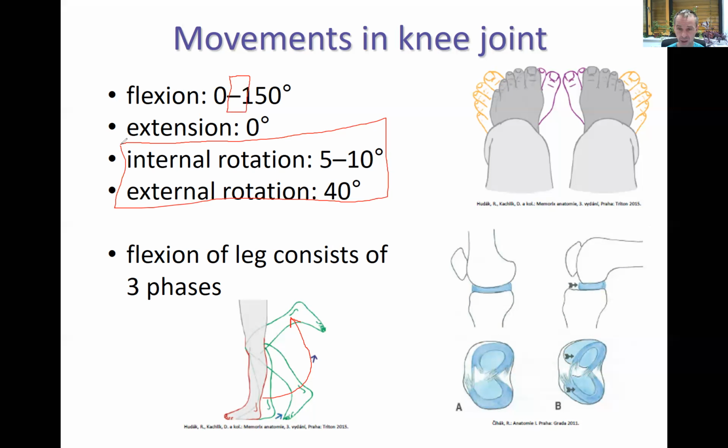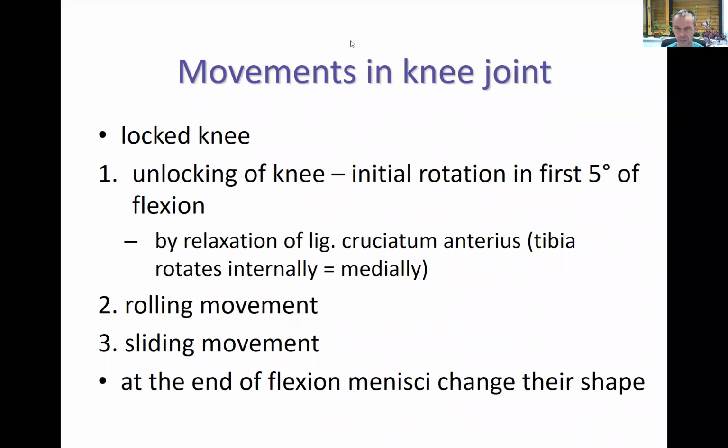External rotation is larger, up to 40 degrees, and it is performed by the biceps femoris muscle. During flexion, the leg bones, the menisci and the thigh bone perform 3 different movements. So we are going to talk a bit closer about that.